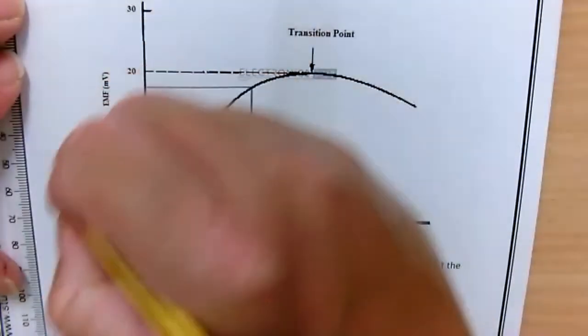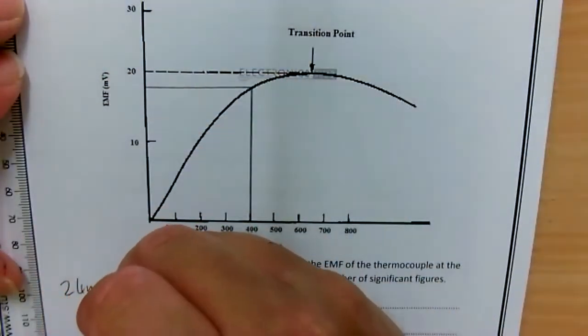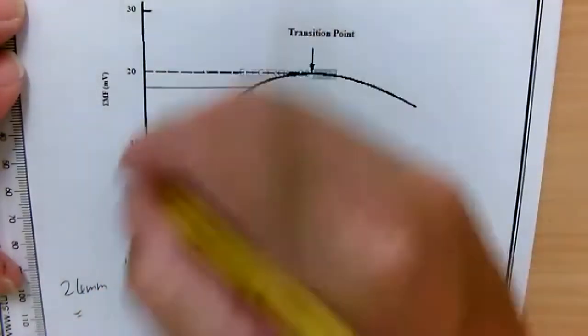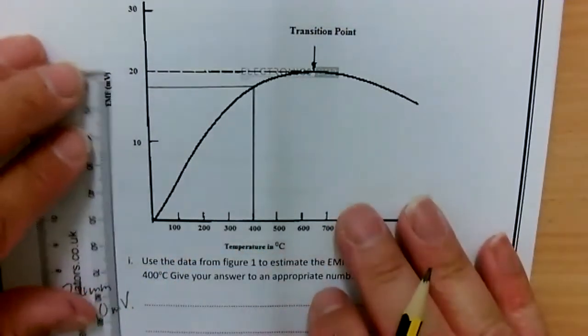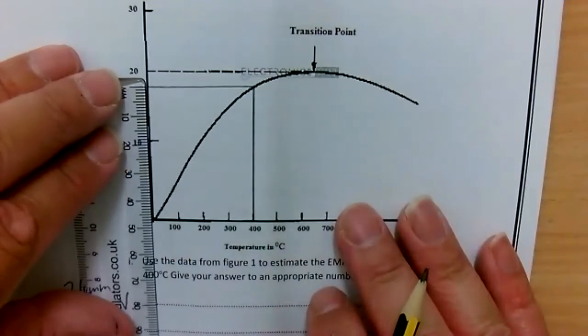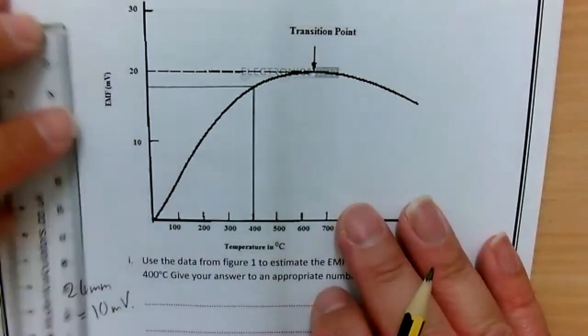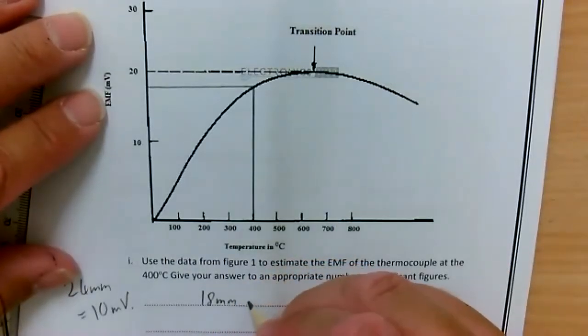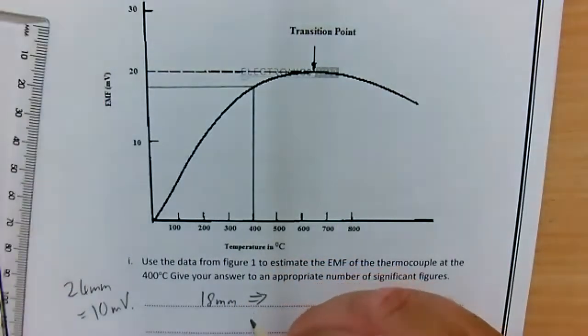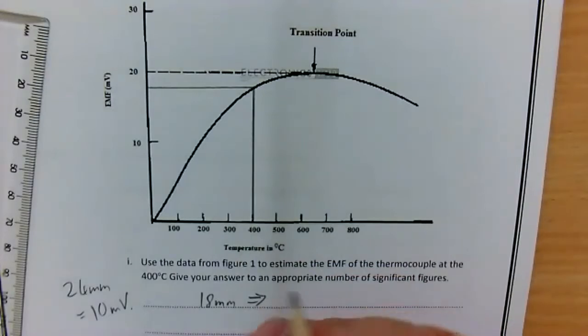So 24 millimeters equals a difference of 10 millivolts. So here we've got 18 millimeters, which implies, well, you need your calculator for the next bit. I'll find my calculator.